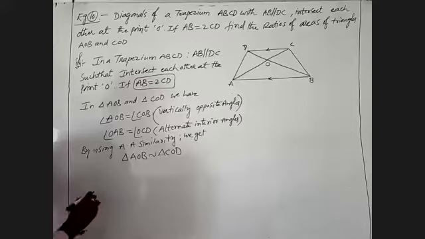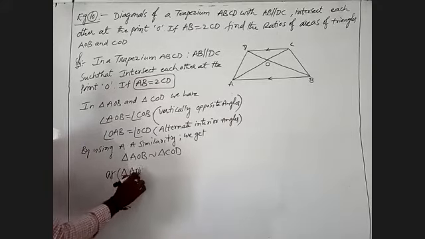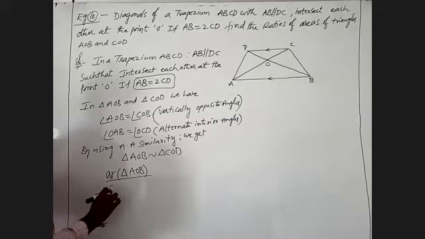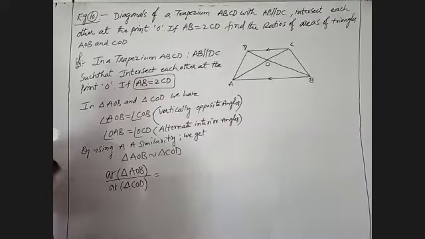So area of triangle AOB by area of triangle COD. What is the formula?